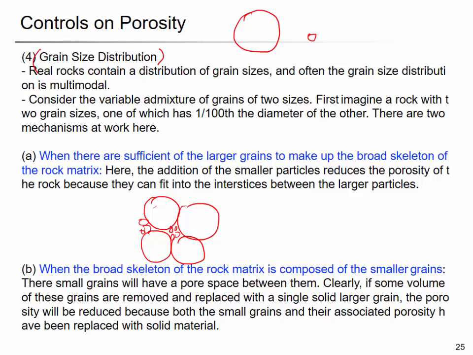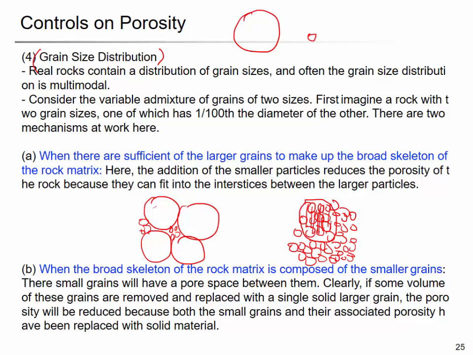And the second is when the small fraction is much more than the larger one. So the skeleton is made of small particles. Then you're mixing in the large particles, so what happens? This volume is replaced by this large particle.